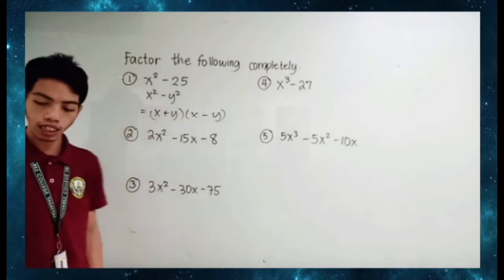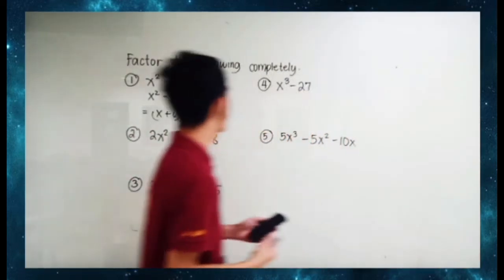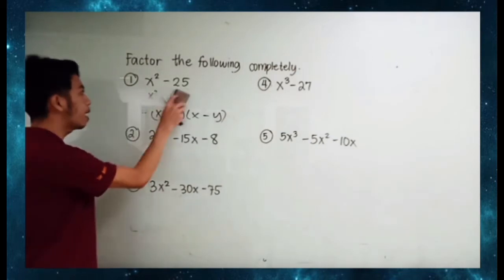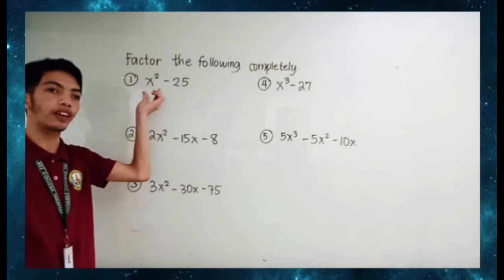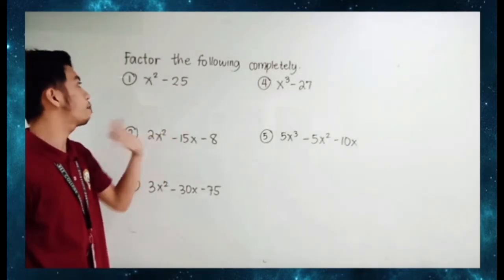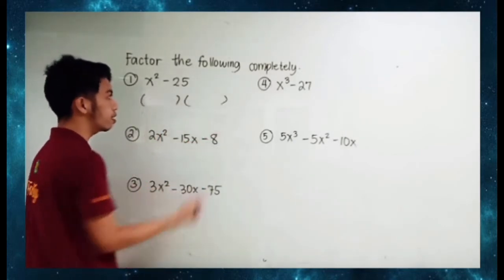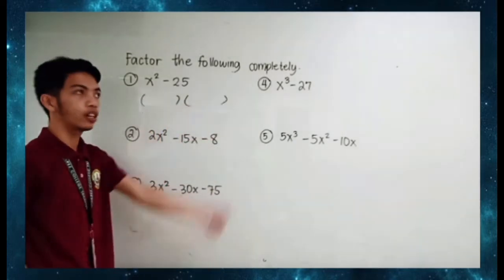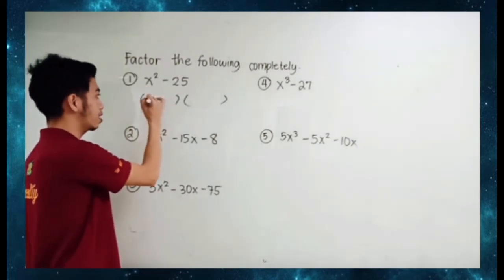So, kung papansinin nyo dito sa example number 1, so we have x squared minus 25. Knowing x squared is a perfect square and 25 is a perfect square. So kapag ganon, ang gagawin nyo lang, maglagay ka lang ng dalawang parentheses and you have the square root of x squared, that is x.